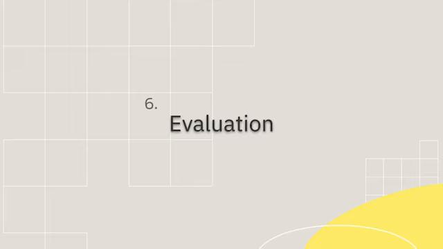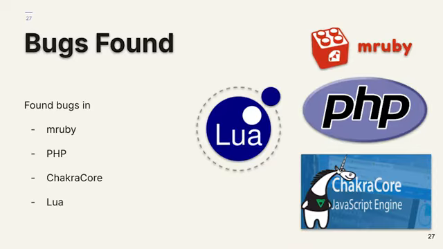6. Evaluation. Researchers tested Nautilus on 4 widely used scripting language interpreters: mruby, PHP, Microsoft's Chakra Core, and Lua. Nautilus found bugs in all 4 programs. In total, 13 bugs were found, leading to over $2,600 in bug bounties.